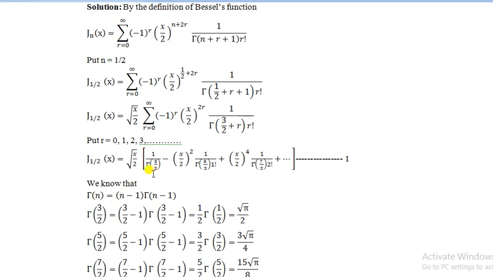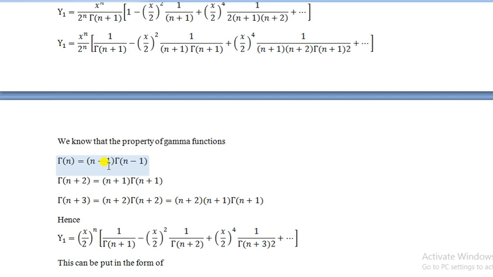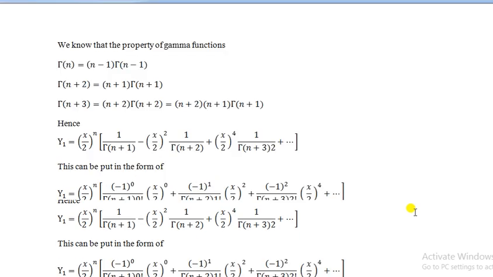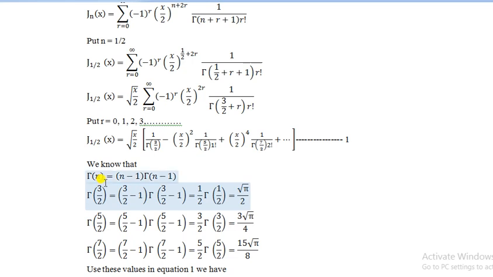Now we will calculate the values of gamma of 3 by 2, 5 by 2 and 7 by 2 by using the property of the gamma function. In the gamma function we know that gamma of n is equal to n minus 1 into gamma of n minus 1. Use this property to calculate the gamma values. Put n equal to 3 by 2.